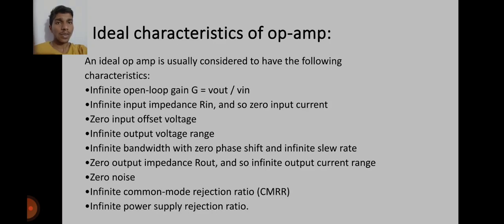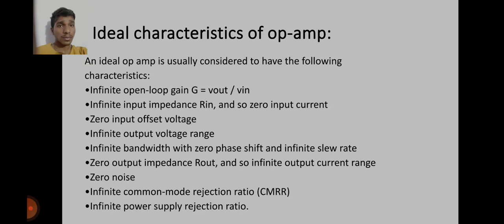Ideal characteristics of op-amp. Having seen the pin configuration, we are now going to the characteristics of op-amp. There are two kinds: one is ideal characteristics, another is practical characteristics. An ideal op-amp is usually considered to have the following characteristics: infinite open loop gain, G equals V0 by Vin, infinite input impedance Rin, and zero output impedance.